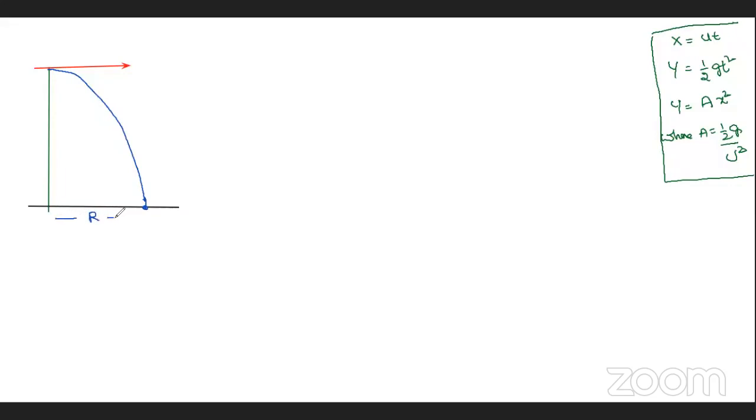So what is the range equal to? First question. And to come to the ground, what is the time taken, where t is called the time of flight? Suppose if you want to represent that with a capital T, that is your wish, Nana.